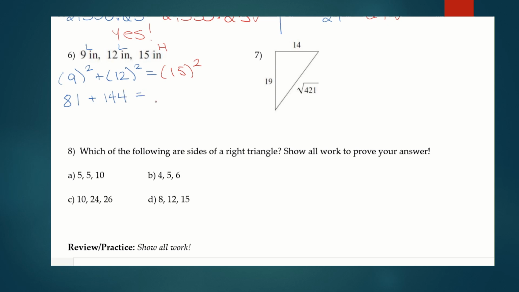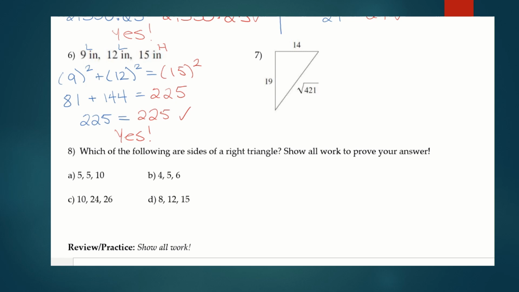And 15 squared is 225. Adding my left side, 81 plus 144 is 225. Does that match the right side of my equal sign? You betcha. So we once again have a right triangle here.